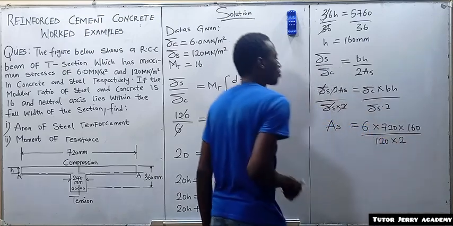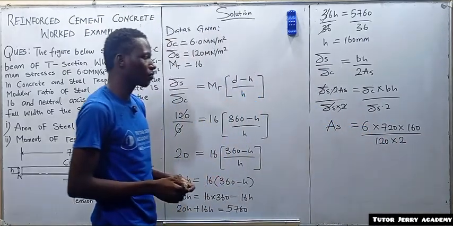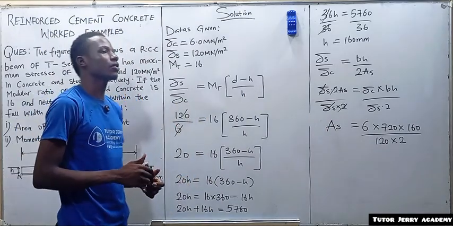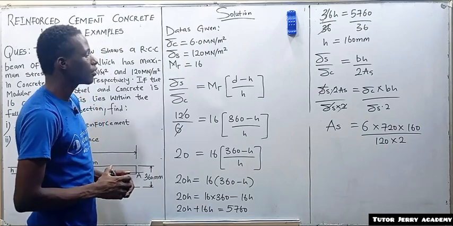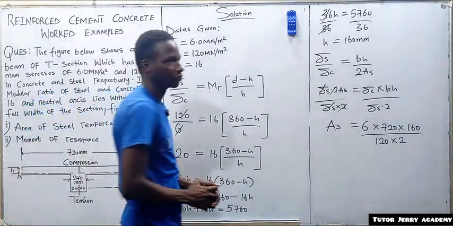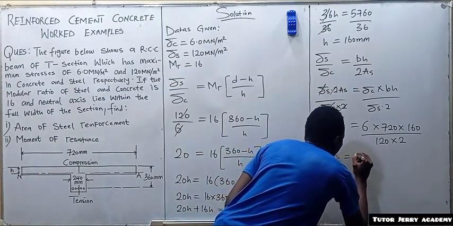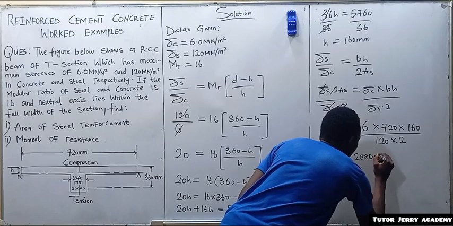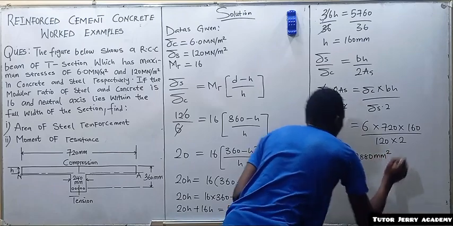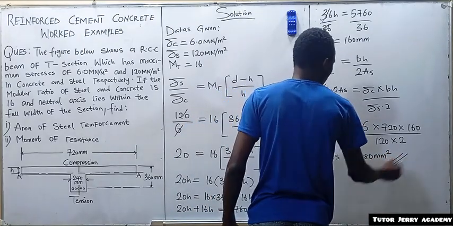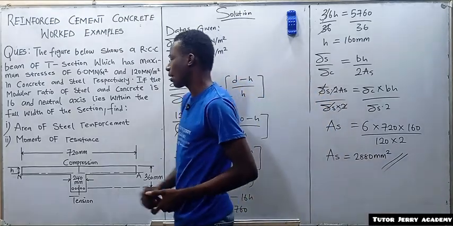So 6 multiplied by 720 times 160 all over 120 multiplied by 2 is nothing but 2880. AS will be equal to 2880 millimeter square. So this is the answer to question number I.